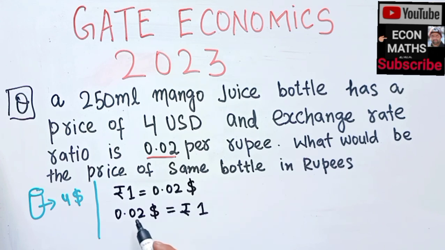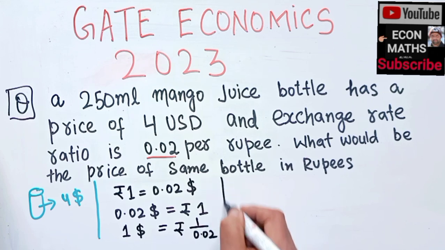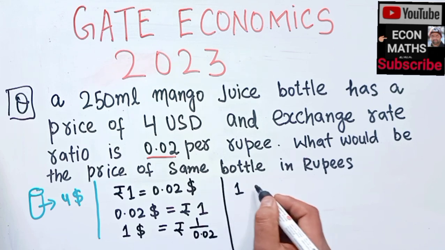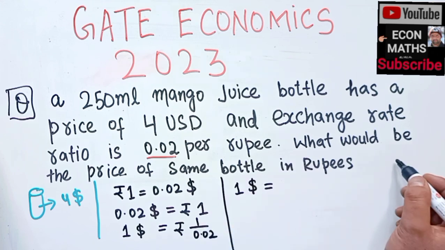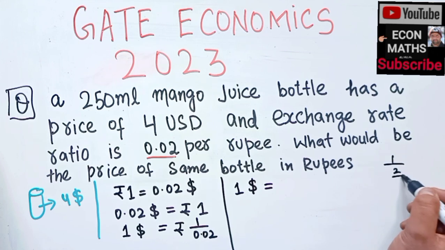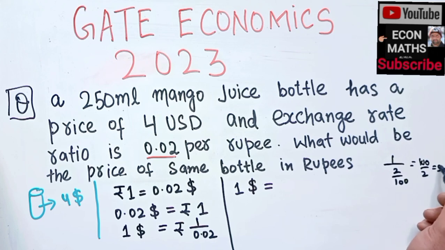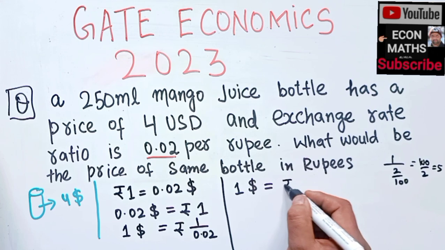Or we can use the unitary method: $1 will be equal to, transposing this, it will get divided, 1 upon 0.02, which is 1 upon 2 upon 100. So this comes out to be 100 upon 2, which is equal to 50.